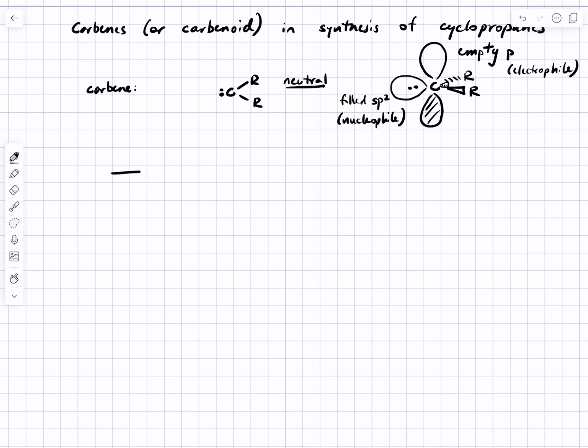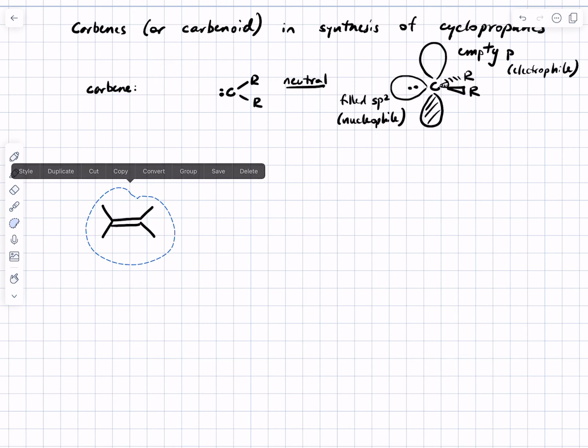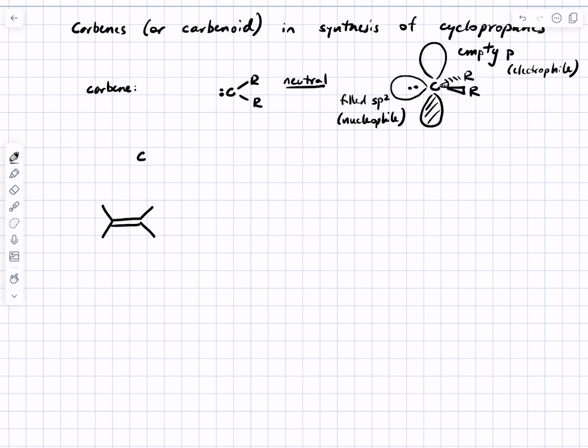For example, imagine this alkene with pi electrons, and then imagine this carbene, which, as I've said, has an empty p orbital and then a lone pair in a filled sp2 orbital.